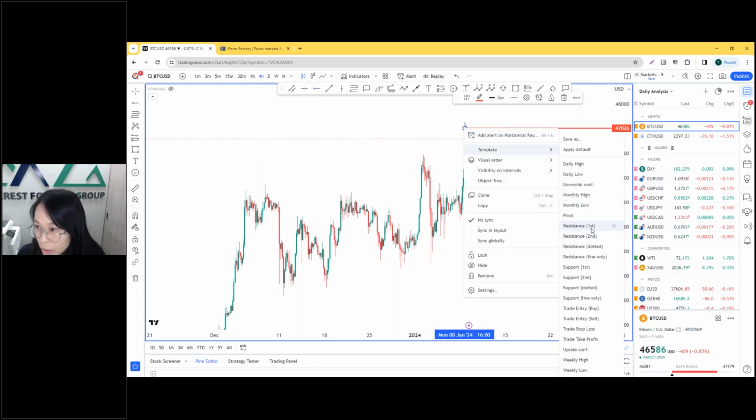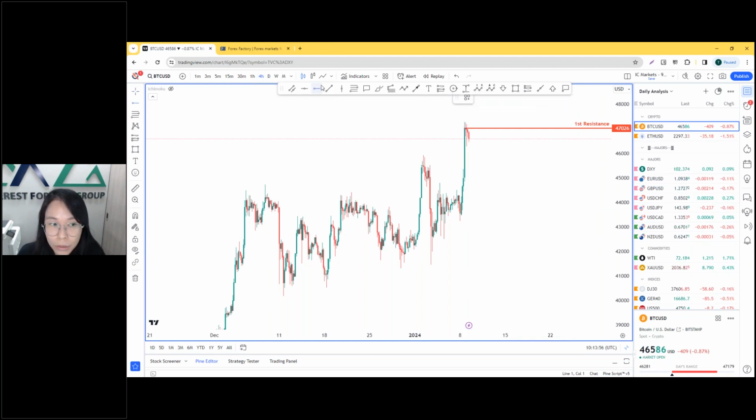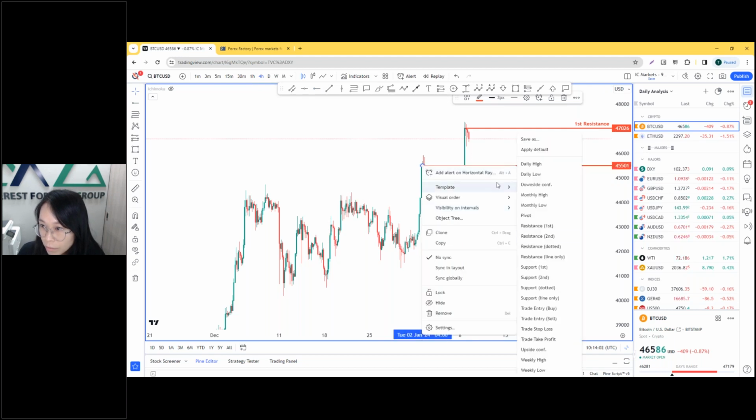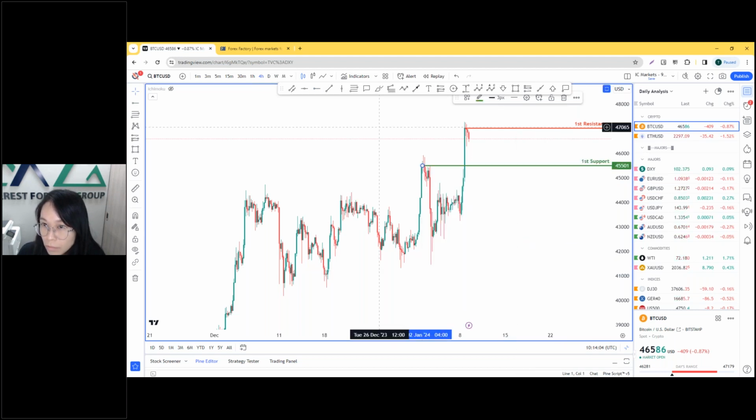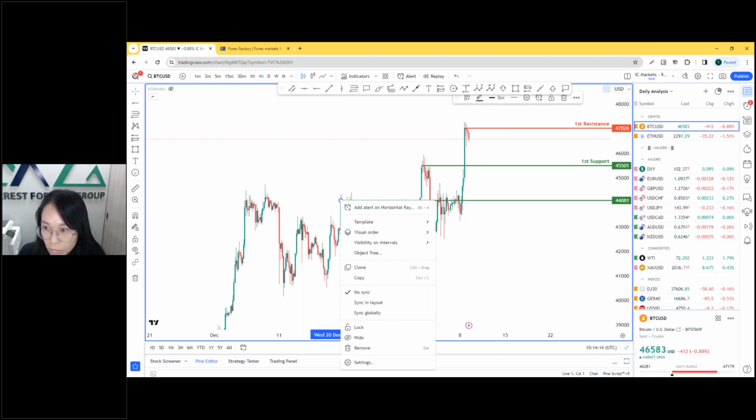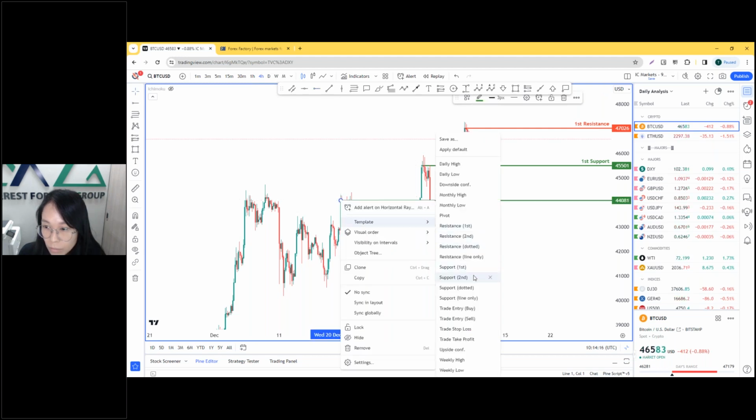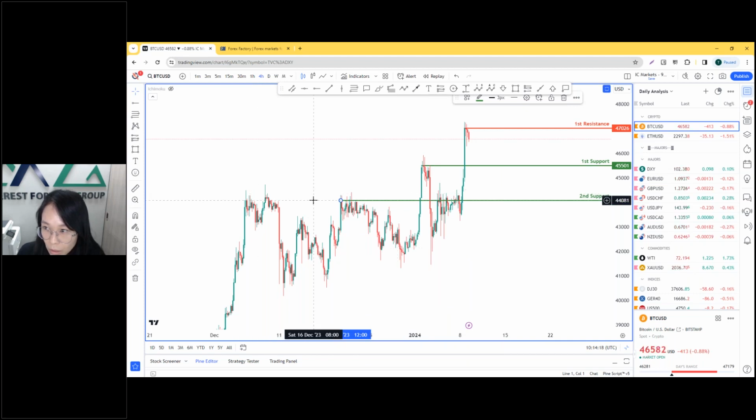This will be my first resistance, followed by the support level, which is here. This is the second support level.